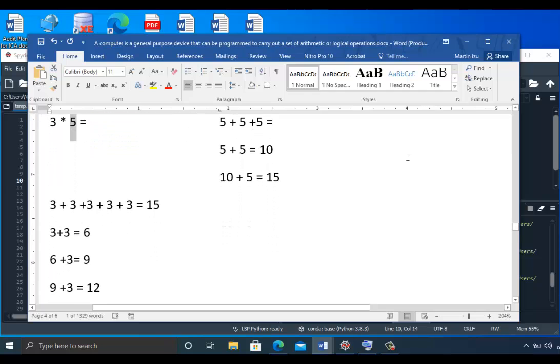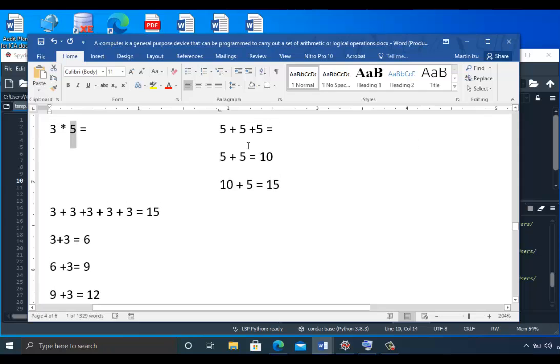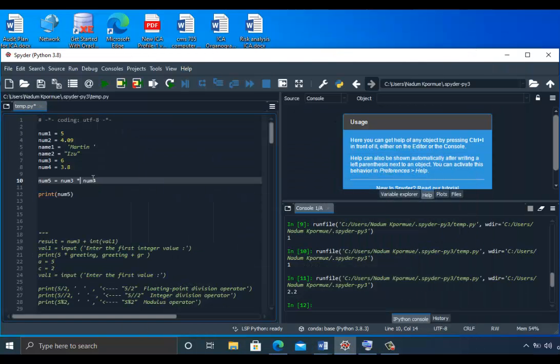So we've established that 5 plus 5 plus 5 gives us 15. So 5 is repeated 3 times, 1, 2, 3, while here 3 plus 3 plus 3 plus 3 plus 3 gives us 15. So 3 will be repeated 5 times, 1, 2, 3, 4, 5. Are we together? That's the concept about multiplication.